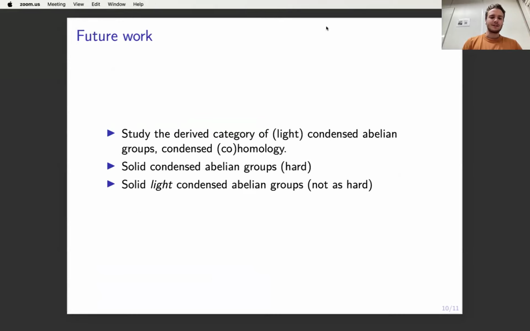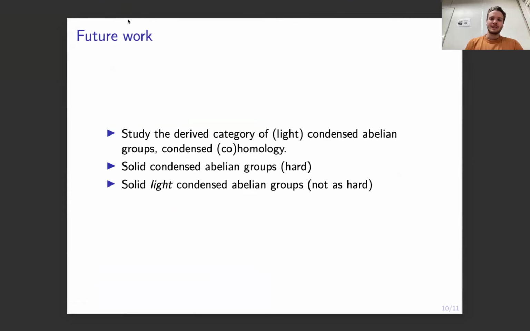And we have the definition of solid condensed abelian groups in Mathlib, but it's completely impossible to prove anything for them yet. And in this light setting, that becomes quite a lot easier actually. It's still a lot of work, but I think it's more doable to, for example, prove that discrete abelian groups are solid in this setting.